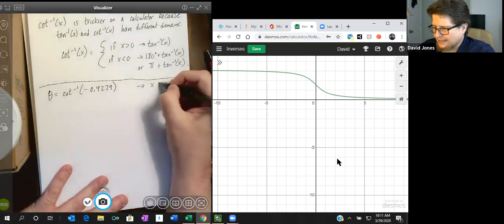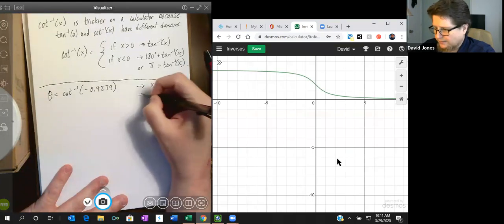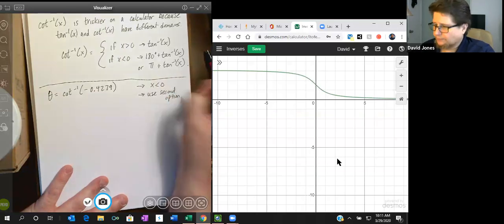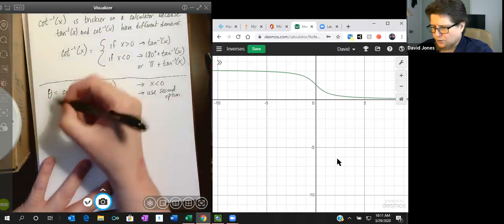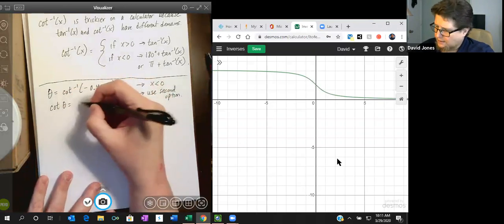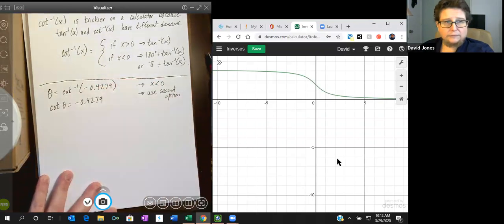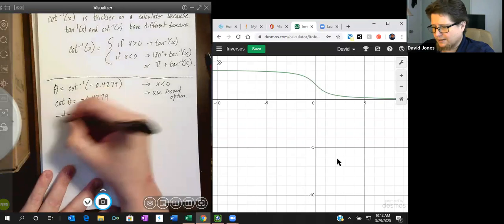Here, x is less than 0, so I'm using the second option. So I'll switch this to cotangent, which I'll write as 1 over tangent.